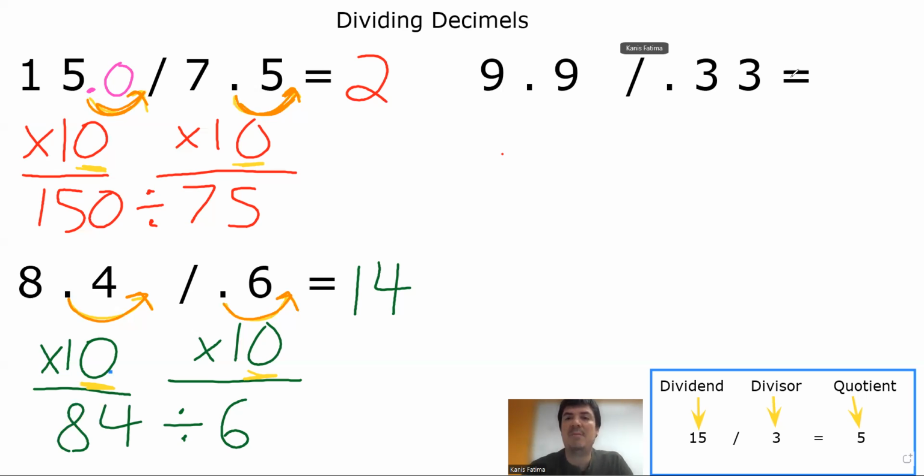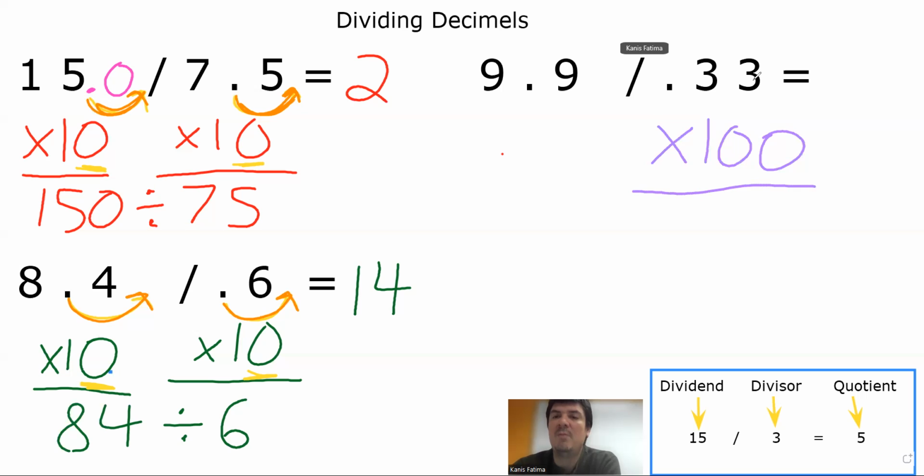Looking at our third example, we have 9.9 divided by 0.33. Now this time, my divisor has two numbers to the right of the decimal spot. So instead of multiplying by 10, this time I need to multiply by 100 because I need to move two decimal spots.